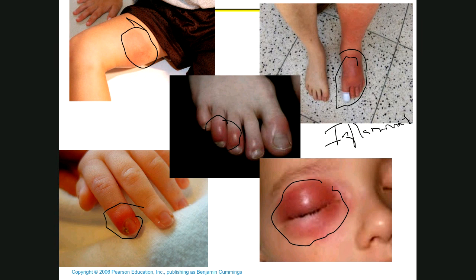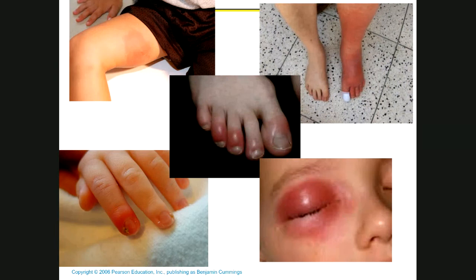But look how red these spots are. You can see the swelling here, and here, and here. And then remember, you're going to get compression of nerves, and so this is going to hurt. And if it's near a joint like this is, this toe is probably not going to bend. We're going to get loss of mobility also.